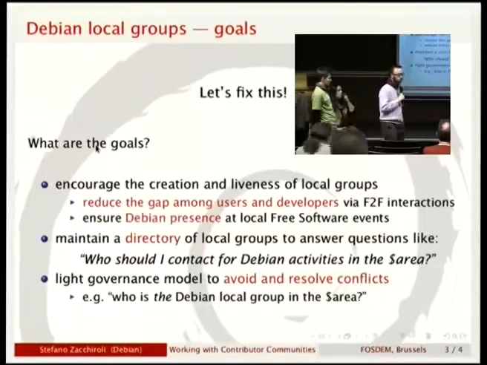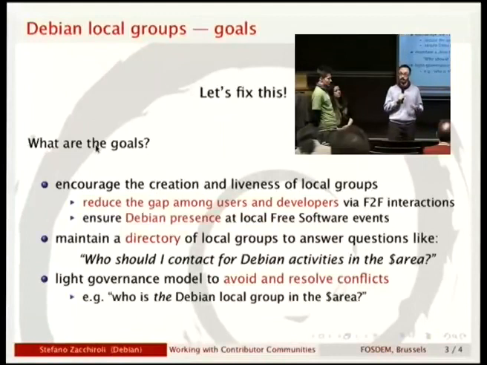Also, we want to ensure some Debian presence at local events, and we want a place, a directory, where it's easy to find an answer to the question: I'm interested in Debian and I live in this specific area, who should I contact if I want to work with people on Debian, or if I want to organize a Debian event in that area? This is a question that people often pose to me as Debian Project Leader, and I often don't know how to answer. So this is the thing we want to fix.